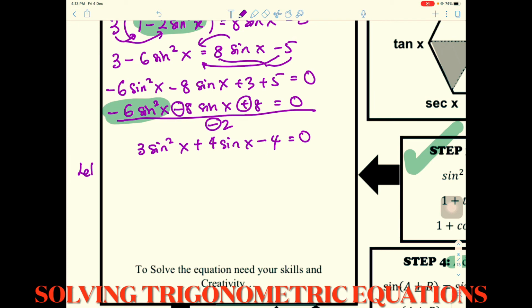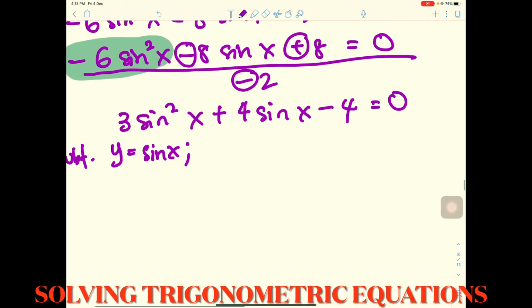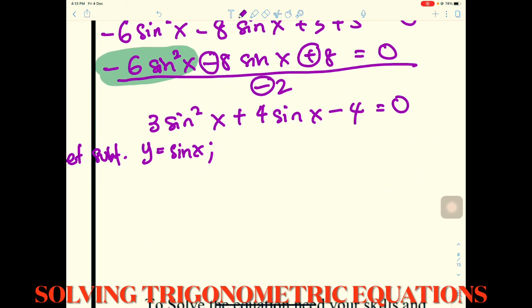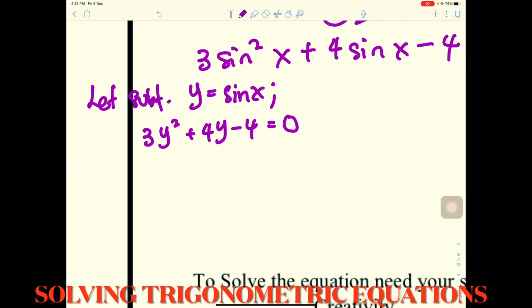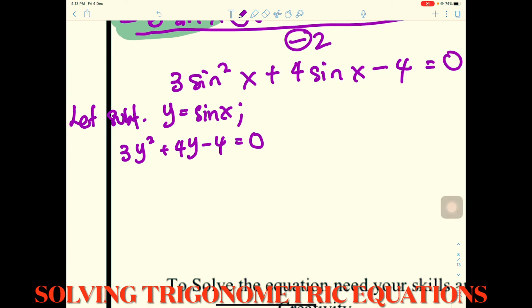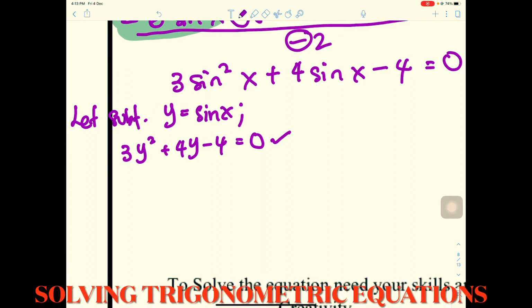What do we do? Let's use the substitution method. Substitute y equals sine x, so 3 sine squared x becomes 3y squared, plus 4 sine x becomes 4y, minus 4 equals 0. Then, using your calculator, check first whether you can factorize.